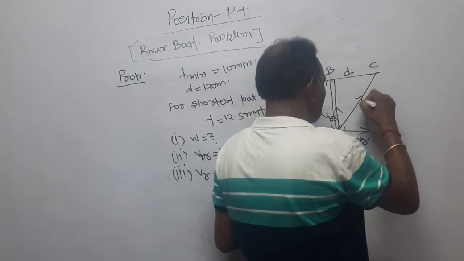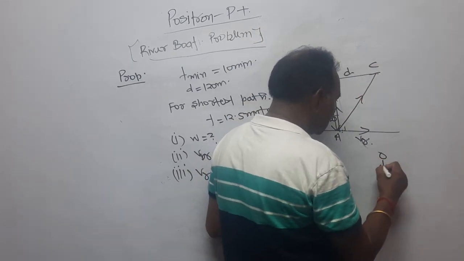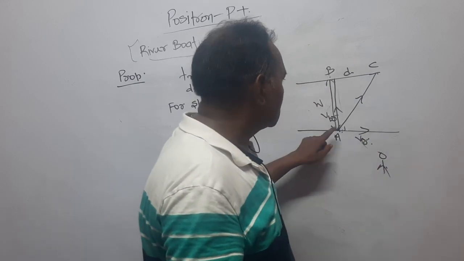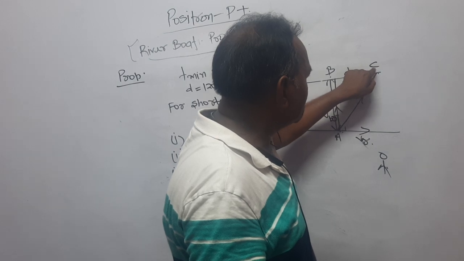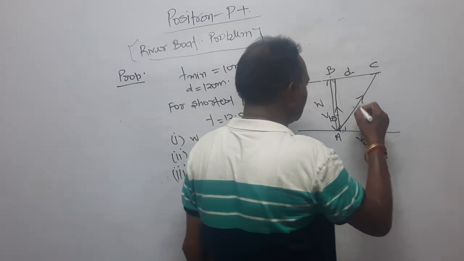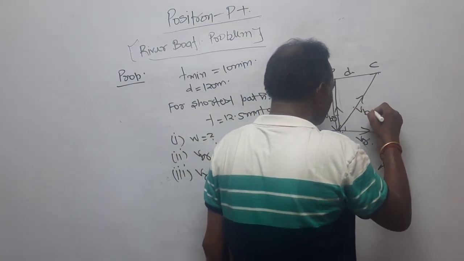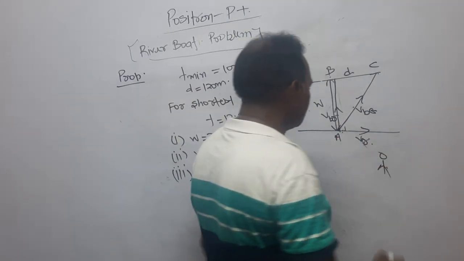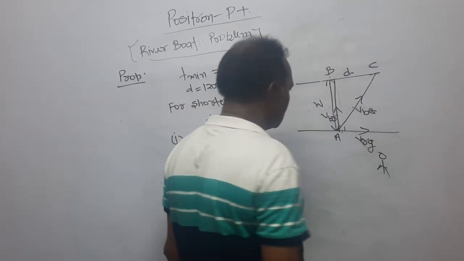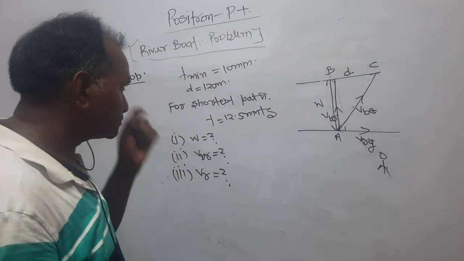And so the man sitting here observes that the boat does not reach B, but rather it reaches point C. So it is the velocity of boat with respect to ground, right? And the river is flowing in this way, so it is the velocity of river with respect to ground.